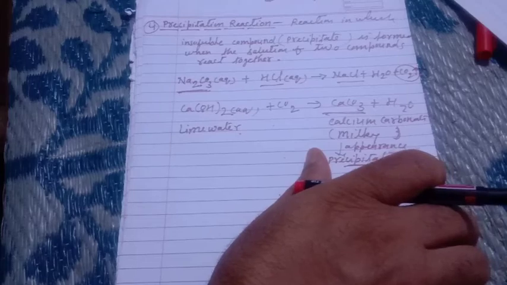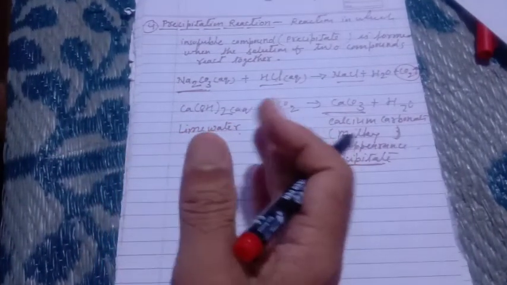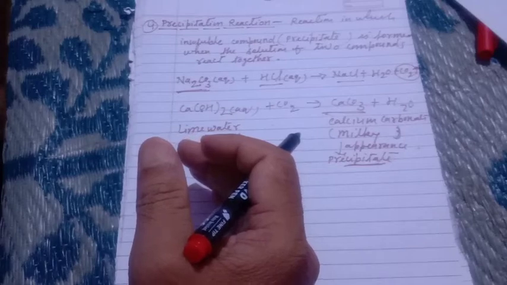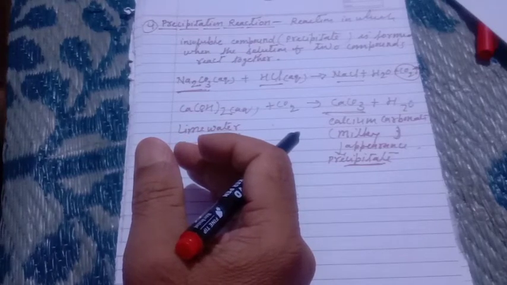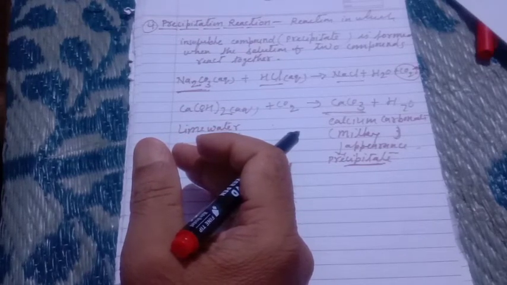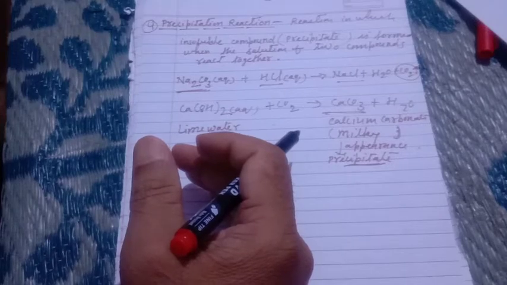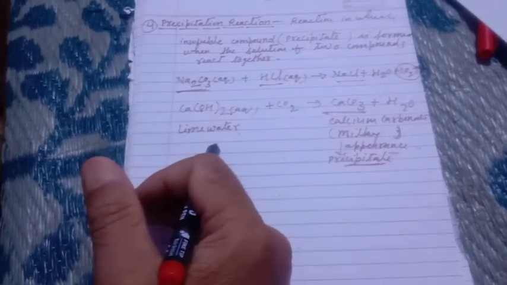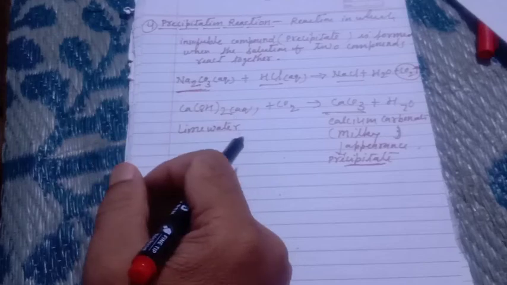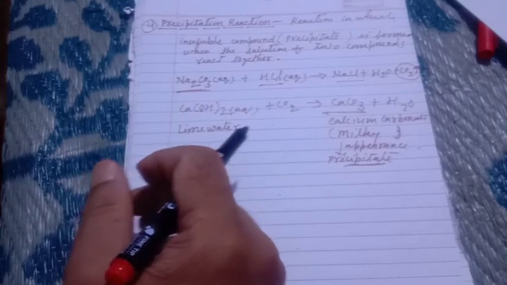Okay, now try to understand here. There are so many examples. You can give many more examples. Any other example can also be given as far as the precipitation reaction is concerned.